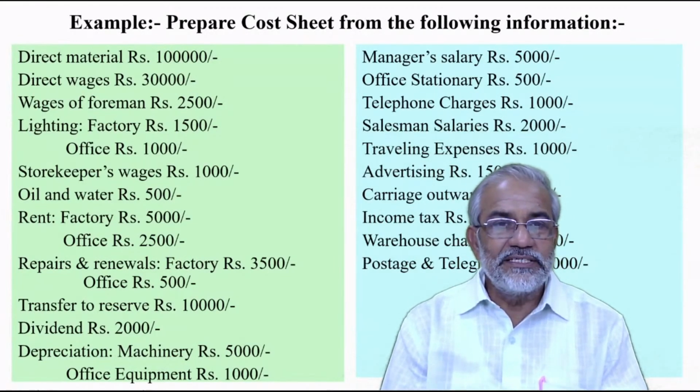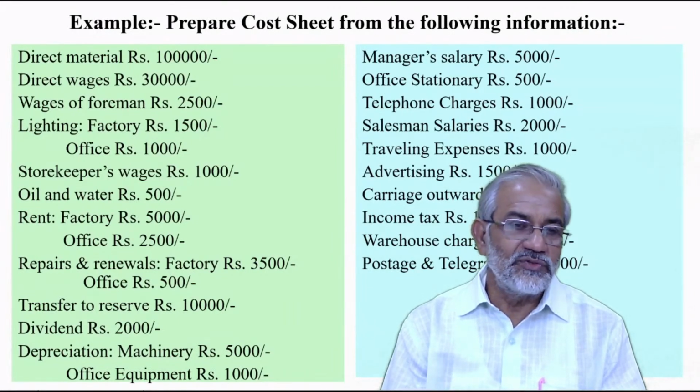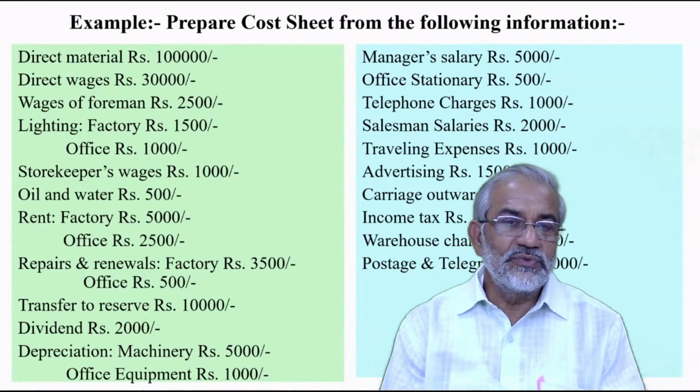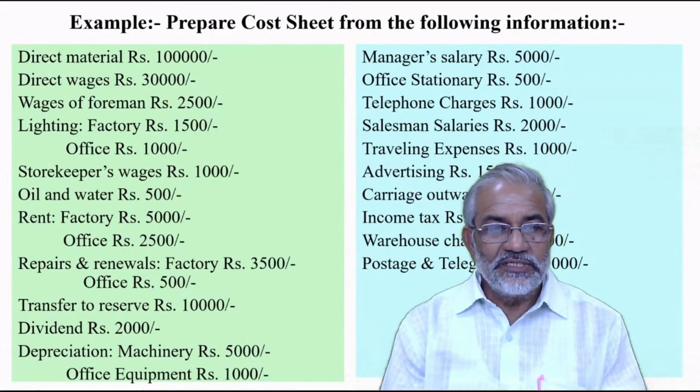The direct material is 1 lakh rupees. That means the consumption of direct material is amounting to 1 lakh. The direct wages is 30,000. Wages of foreman is 2,500. Factory lighting is 1,500. Office lighting is 1,000. Storekeeper's wages is 1,000.